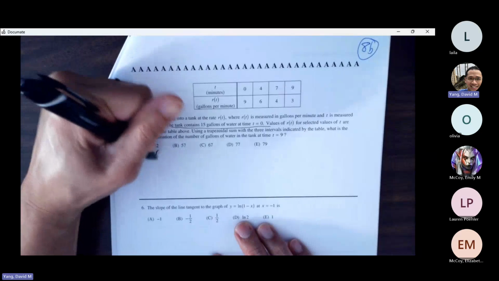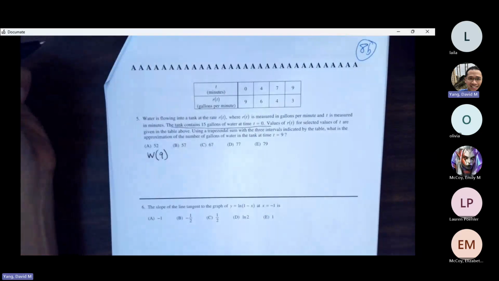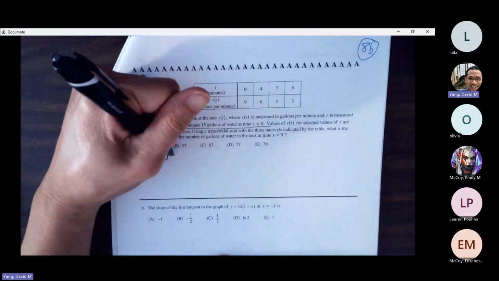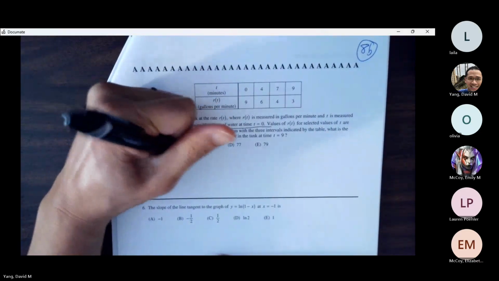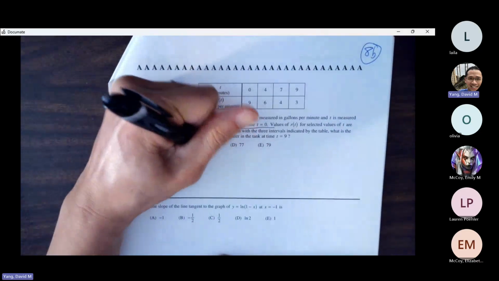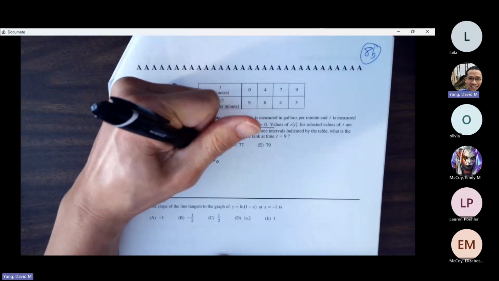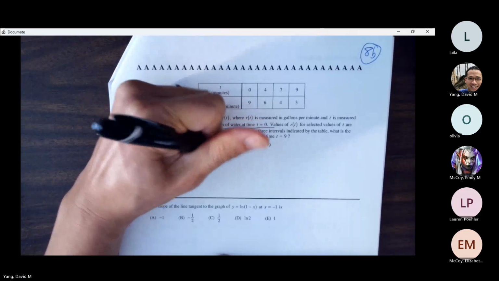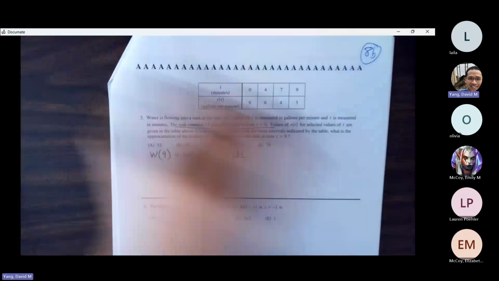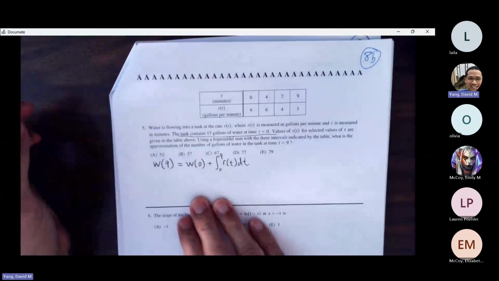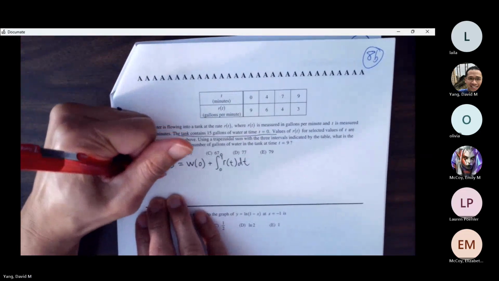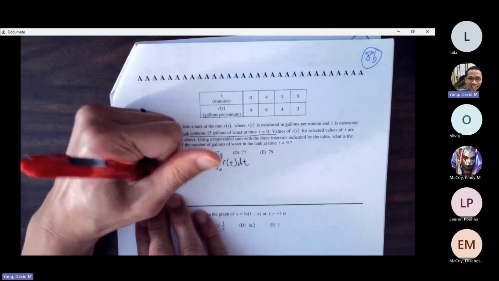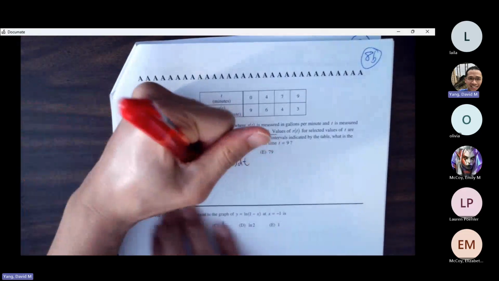If I want to find the water 9 hours in, I need to consider how much water there is to begin with, and then the accumulation over that 9-hour period. Okay, so essentially, it's final equals initial plus displacement that we tend to use quite a bit.